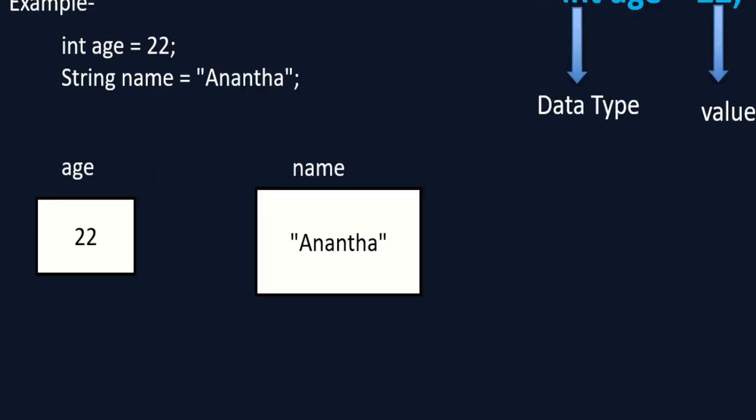Like a second example, String name and the value. The name can be anything, and String is a data type used to store string values. Consider that 22 is a value and it is a container, and age is the name given to that container.